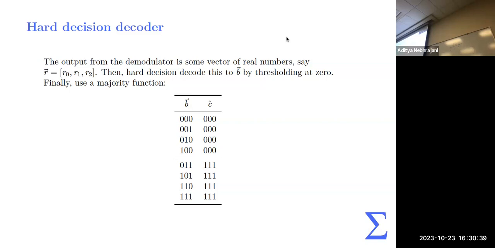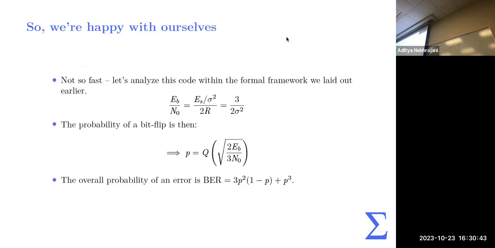Okay, how do you think this is going to perform? There's some algebra that you can use to compute this. This is the same algebra you were doing earlier, right? So Eb over N naught, you account for the rate here, and you get that for Eb over N naught. And Q is actually the square root of this, or well, the signal to noise ratio itself.